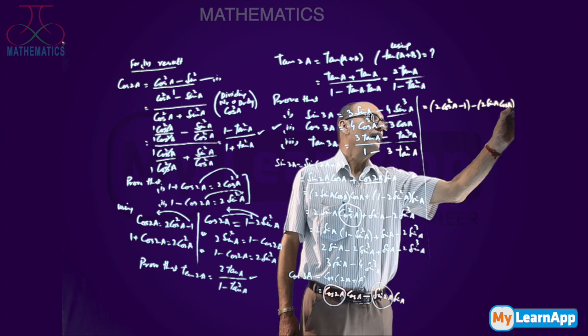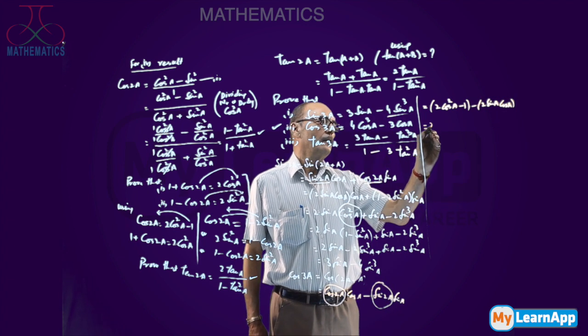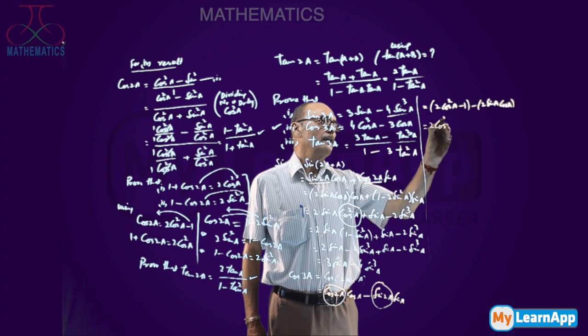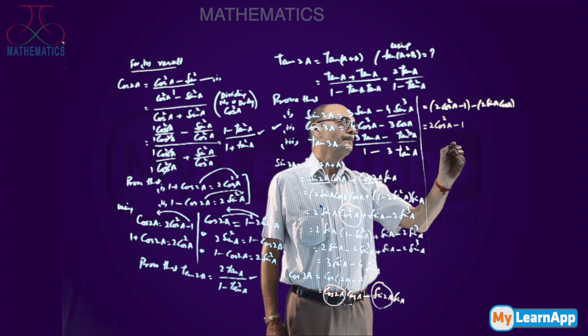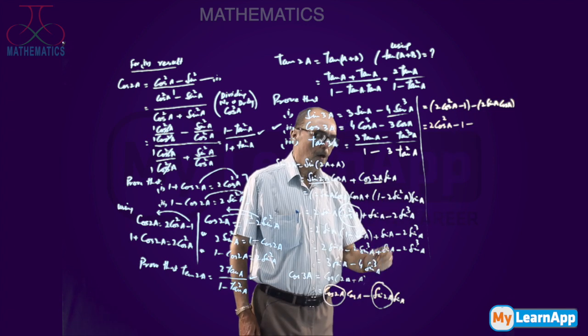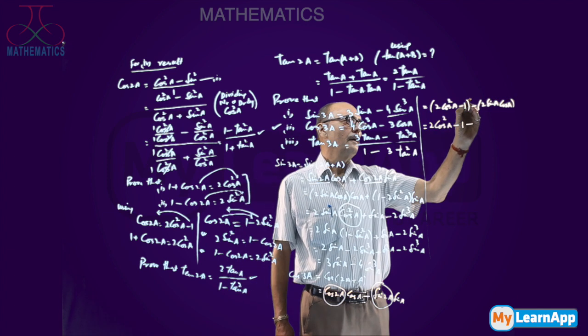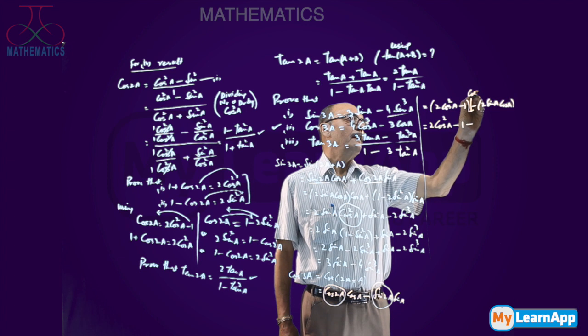Or this is 2 cos squared a minus 1 minus, outside here we have cos a.